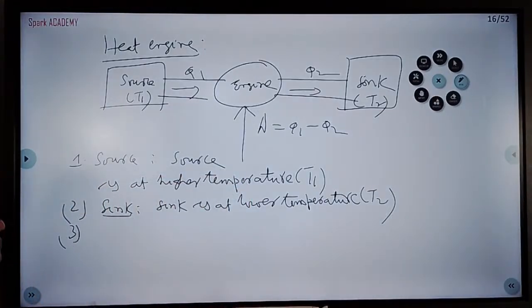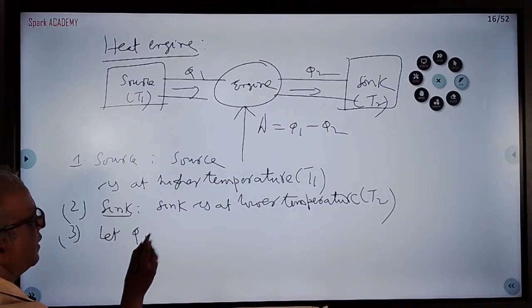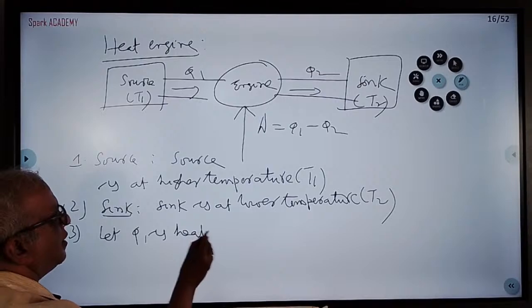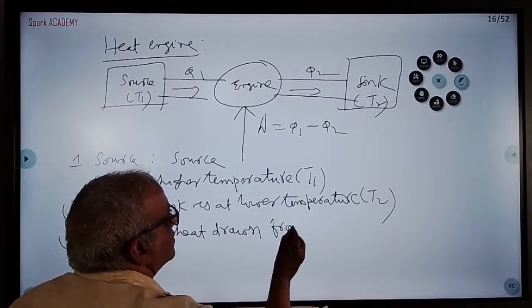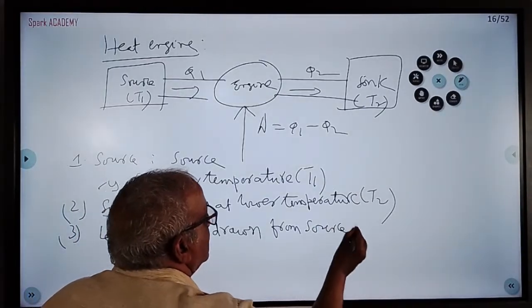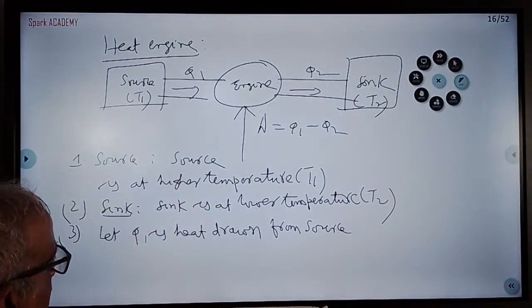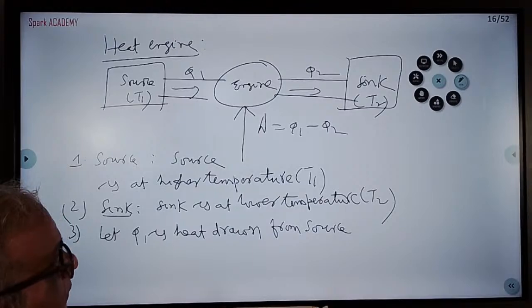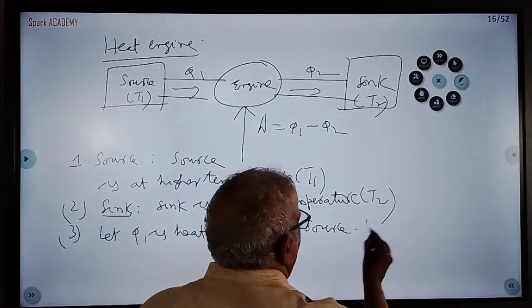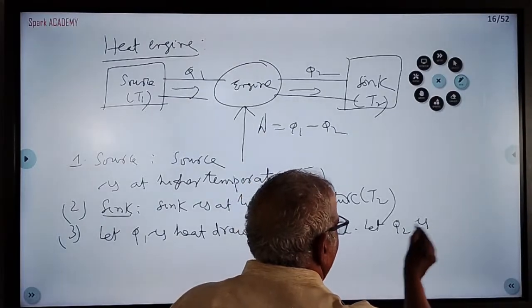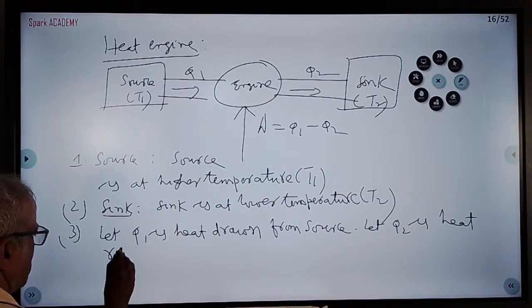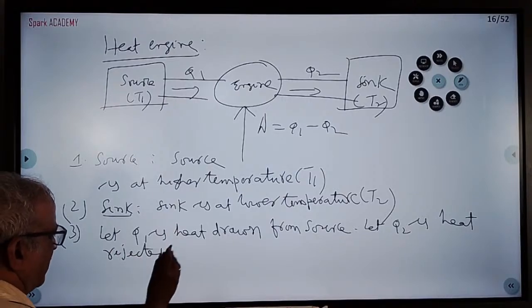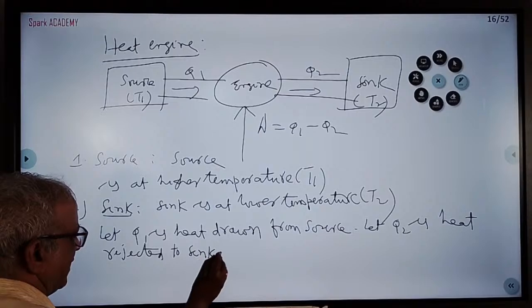Third, let Q1 be the heat drawn from the source. Let Q2 be the heat rejected to the sink.